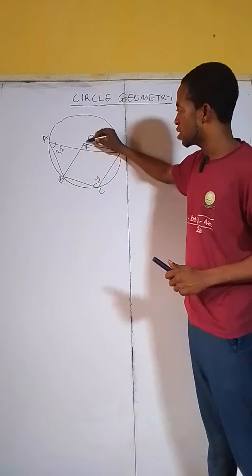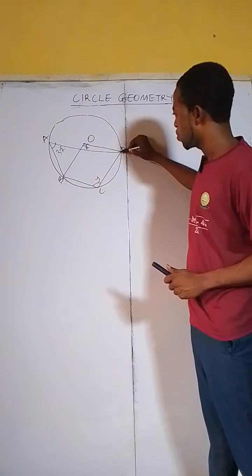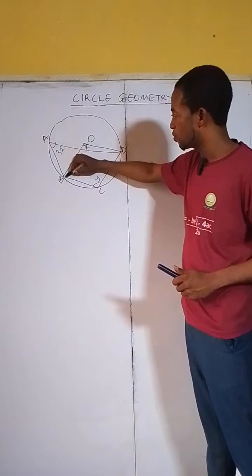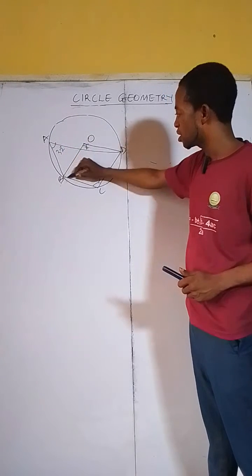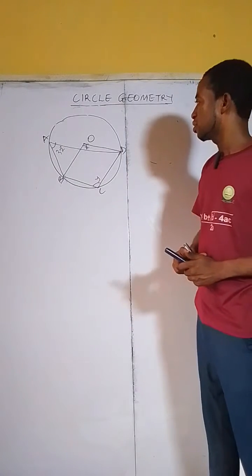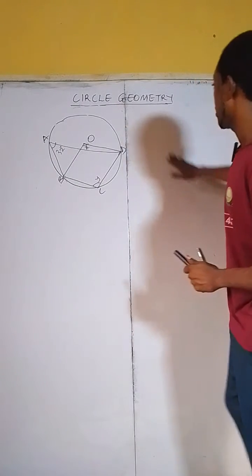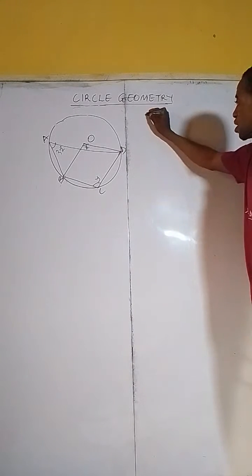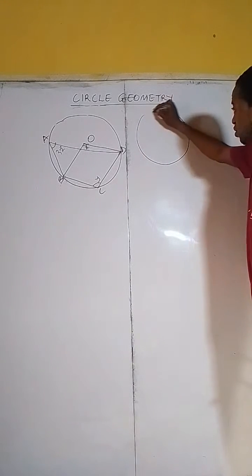One at the center here, one at the circumference here, also one at the circumference here. Then, from that theorem 1, let's quickly look at the first diagram we drew.